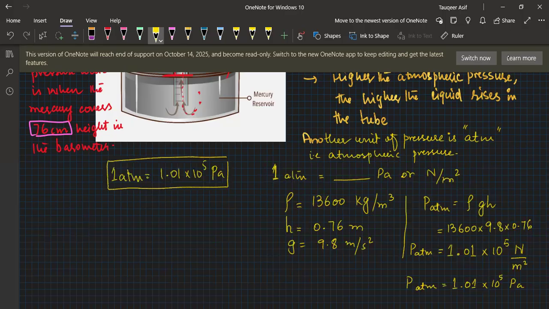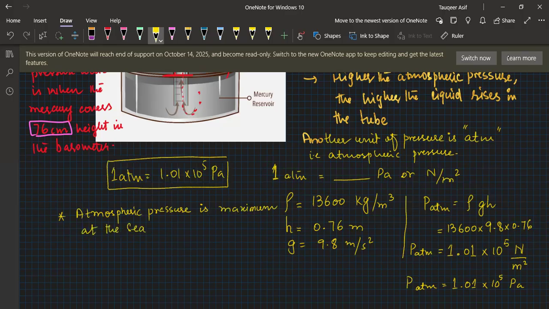Okay. Now, what do we know about the atmospheric pressure? Atmospheric pressure is maximum at the sea level.